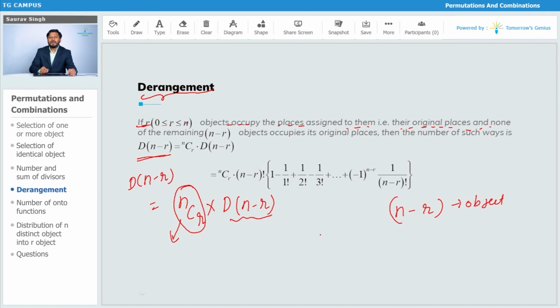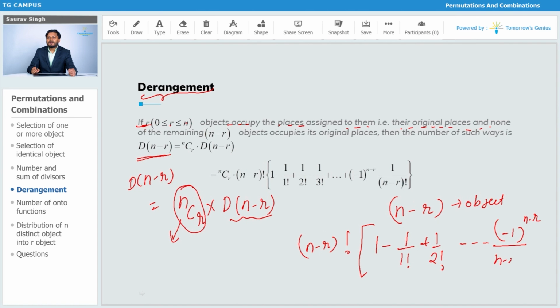That we know how to do. (n minus r) factorial multiplied by 1 minus 1 upon 1 factorial plus 1 upon 2 factorial and so on, minus 1 raised to the power (n minus r) upon (n minus r) factorial, and this will be multiplied by nCr.